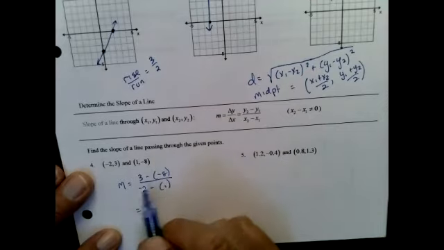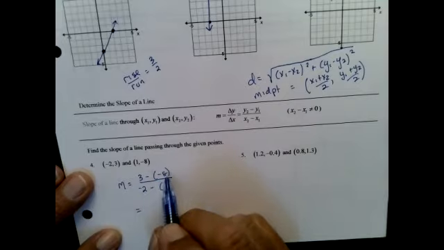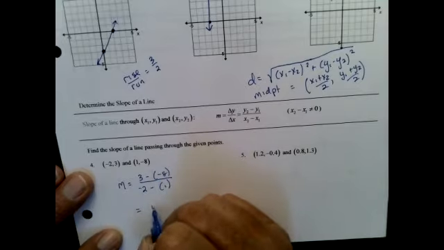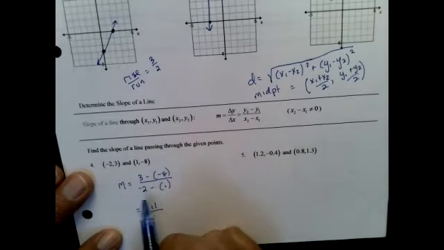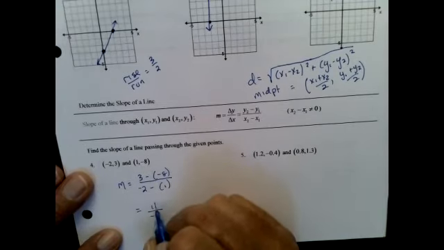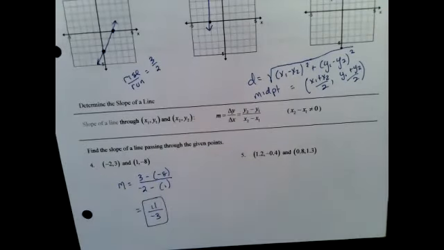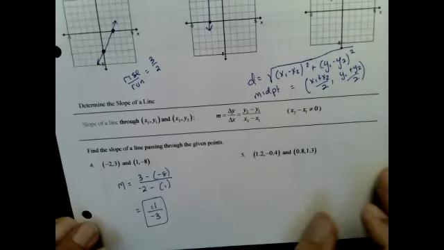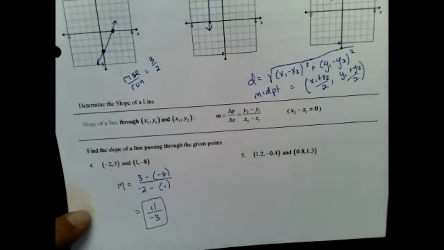Minus a negative becomes plus a positive. 11 over -2 minus 1, -3. But we have the distance formula, the midpoint formula, now the slope formula.